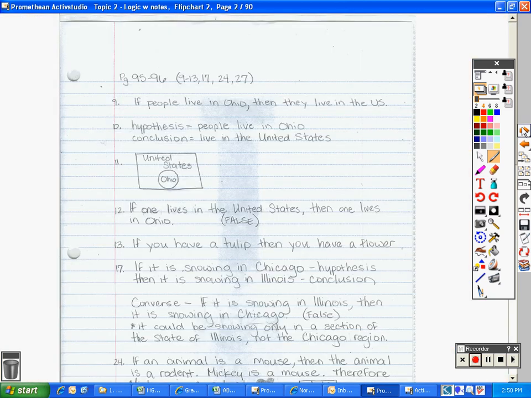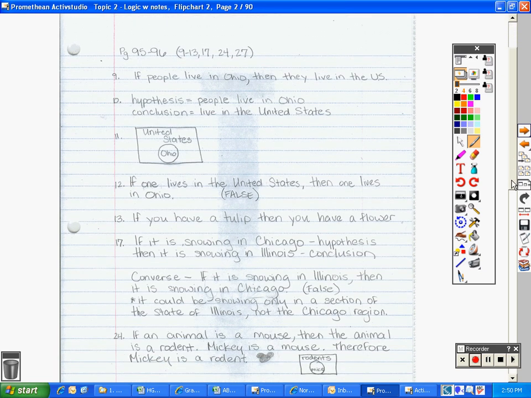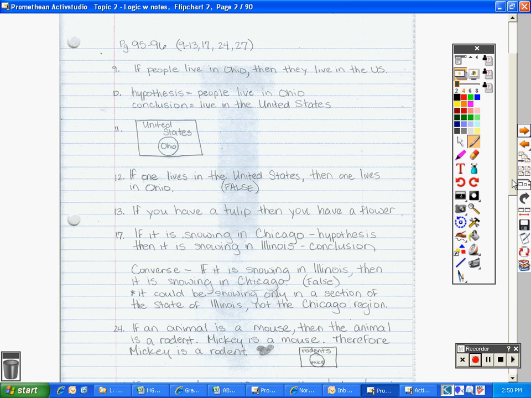All right, here are the answers to your homework questions. Like I just said, we did not get a chance to talk about converse, and I believe that came up in your homework. Number 9 should have been straightforward, turning that Euler diagram into a conditional statement. Number 10, you had to identify the hypothesis and conclusion from that statement they gave you.